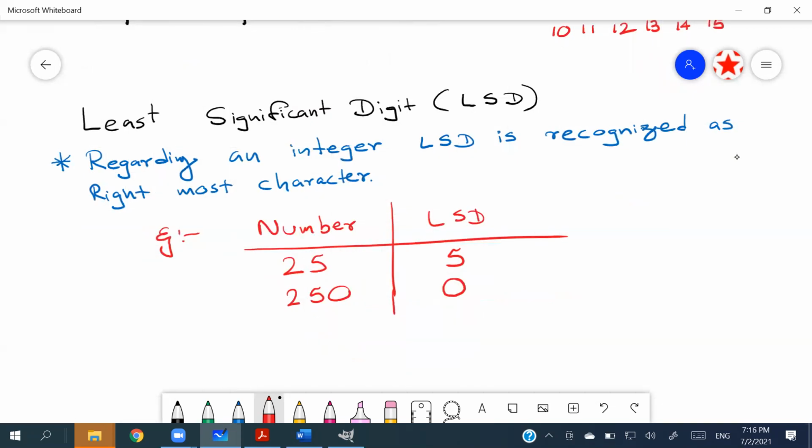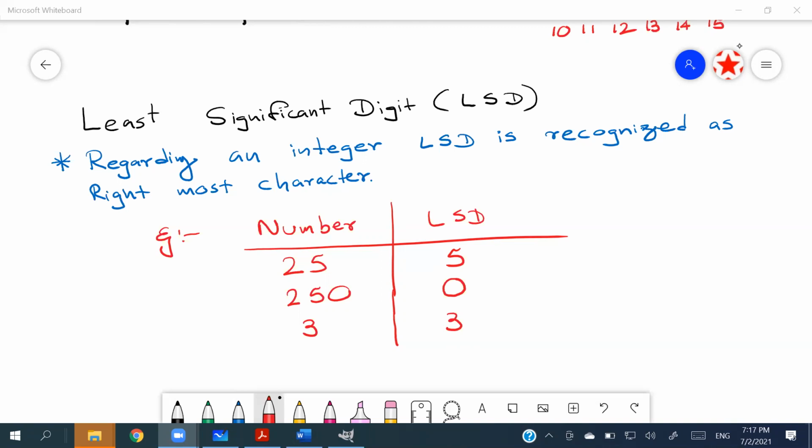And if we think about a single digit, like 3, the LSD is going to be 3 because there is only one digit. So likewise, for a whole number, for an integer, we consider the LSD as the rightmost value.